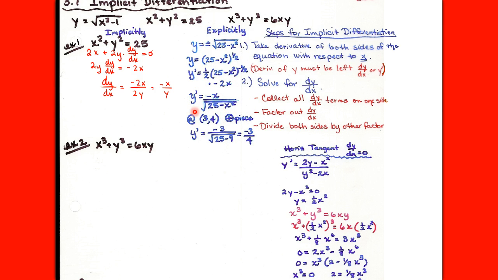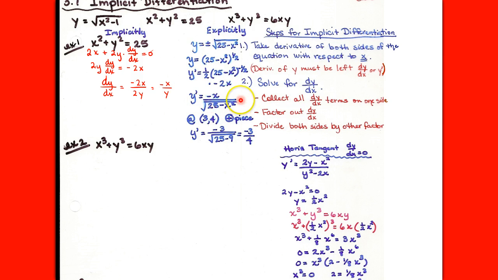When we took the derivative implicitly, because we don't have to get rid of y or get y by itself, this derivative is going to have x and y in it. But if I go back and say, okay, my derivative is negative x over y, what was y equal to? Well, y was equal to the square root of 25 minus x squared. If I put the square root of 25 minus x squared right there, that is the exact same thing. So I did get the same answer.